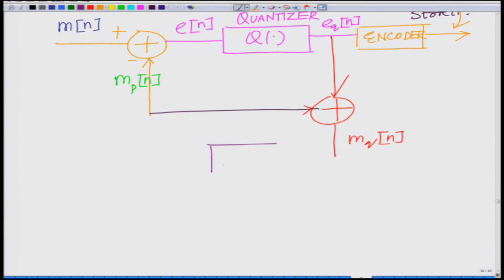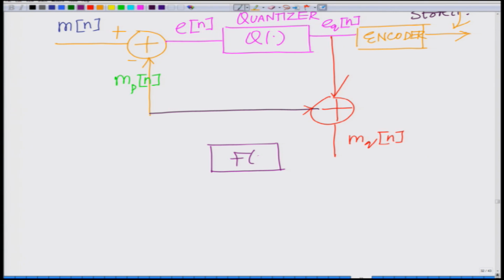Now, this passes through a prediction filter, or basically your f, which is the prediction function, correct.